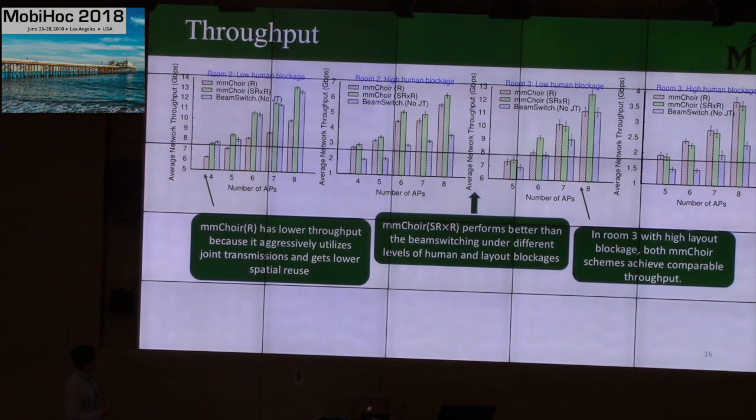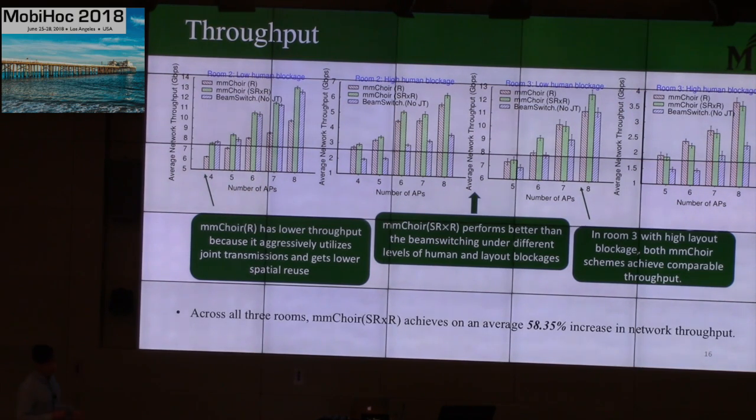But in room 3, which has a higher layout blockage, both mmChoir schemes achieve a good throughput. In this case, we claim that mmChoir can not only cope with dynamic blockage, it can also cope with the layout and static blockage. Across all 3 rooms, mmChoir SR cross R achieves around 60% increase in the network throughput.